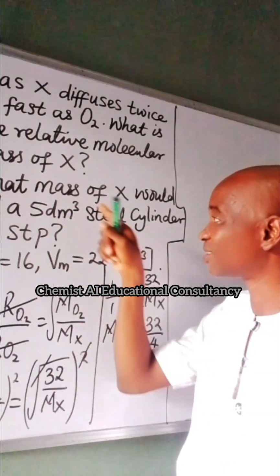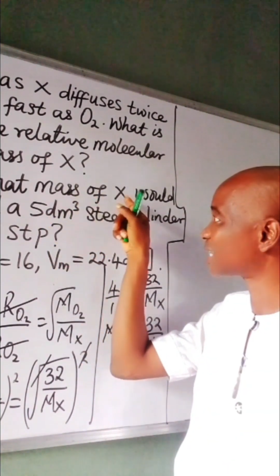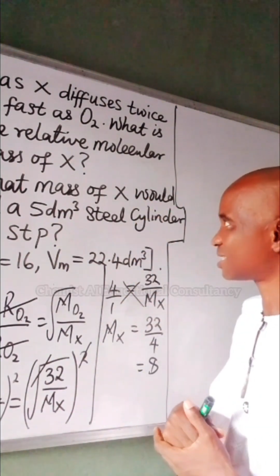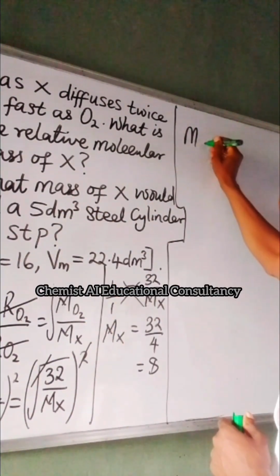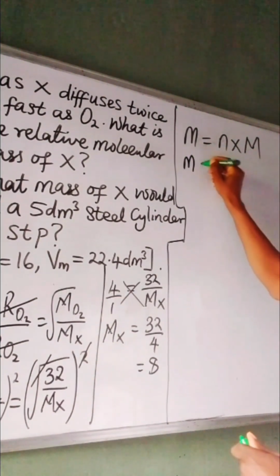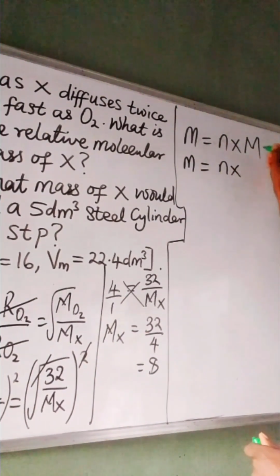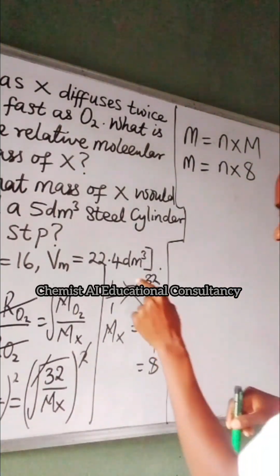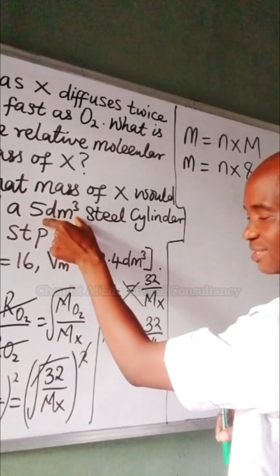So we are going to find the number of moles of gas X that fills this volume. From there, we can now calculate the mass, because mass is equal to number of moles times molar mass, which is 8. So we must find number of moles by looking at this and this.